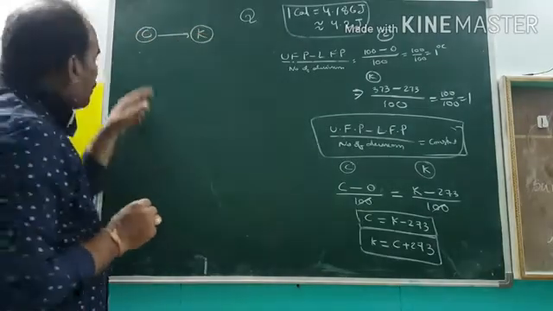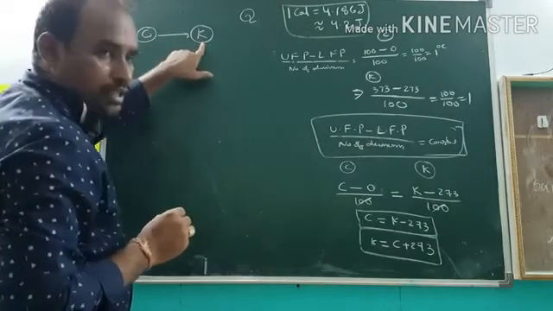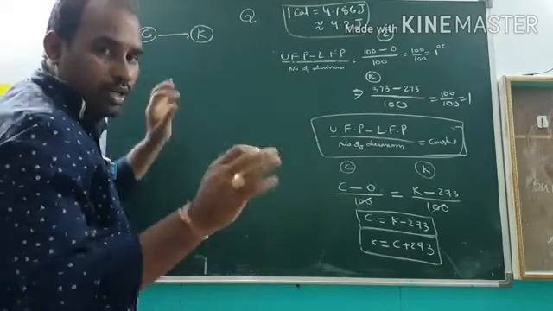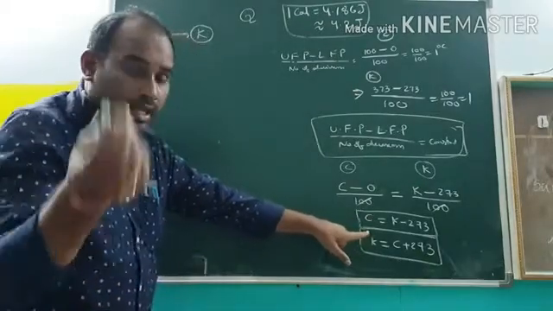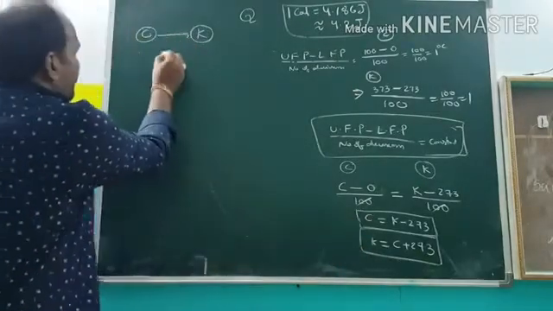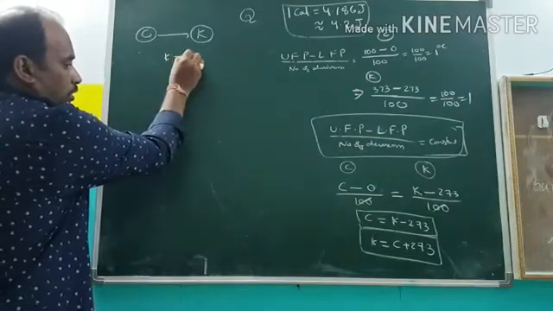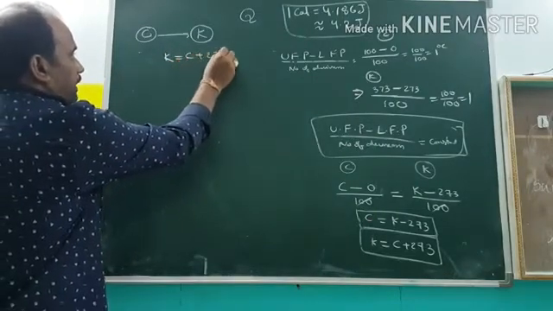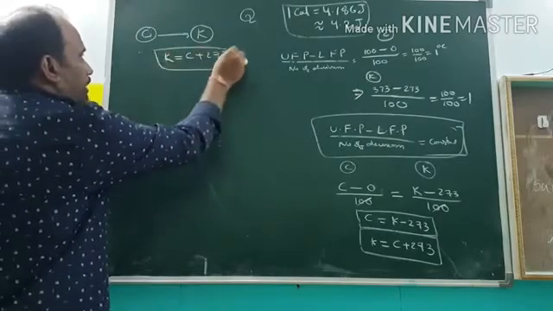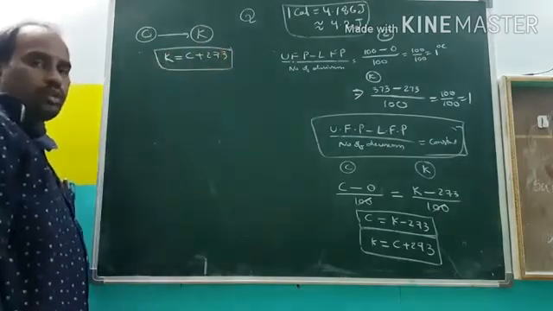What is the formula? K is equal to C plus 273.